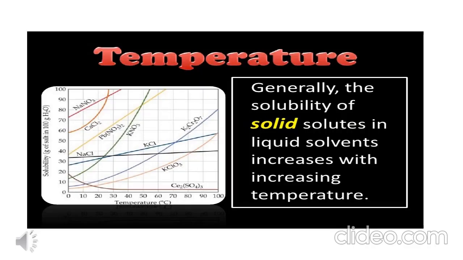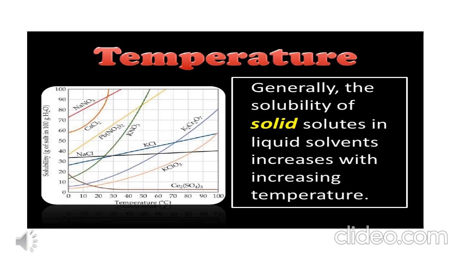Another important factor of solubility is temperature. Generally, the solubility of solute in liquid solvents increases with increasing temperature. But we cannot say this always. There are some substances. If you see this graph, the sodium chloride solubility is constant throughout the rise of temperature.